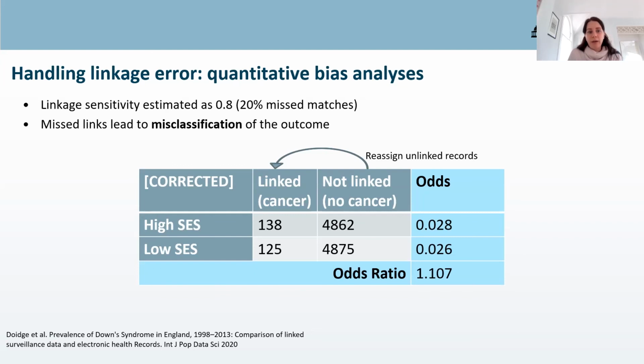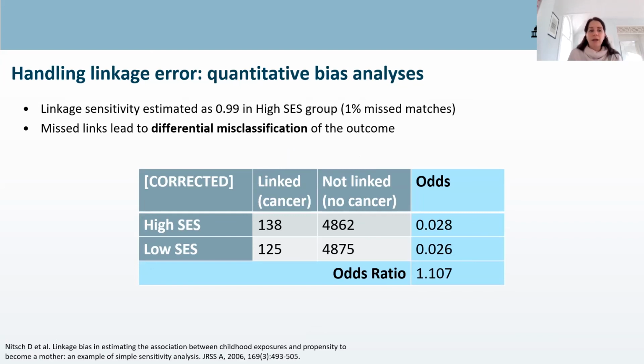So that's assuming that we have a constant linkage error rate across the high and low SES groups. If we don't have that constant linkage error rate and we have differential linkage error, so say we have linkage sensitivity that was 0.99, so we'd missed 1% of the matches, then we could again reassign those records, and in this case that would give us an odds ratio of 0.885.